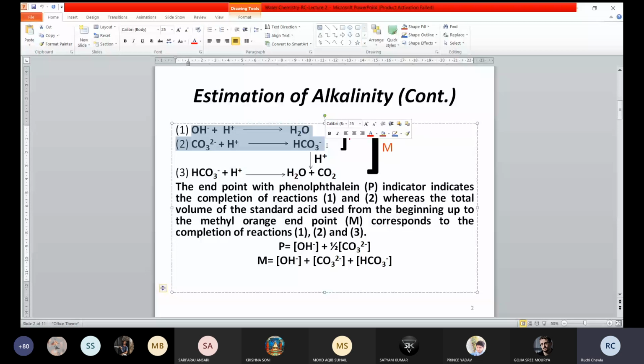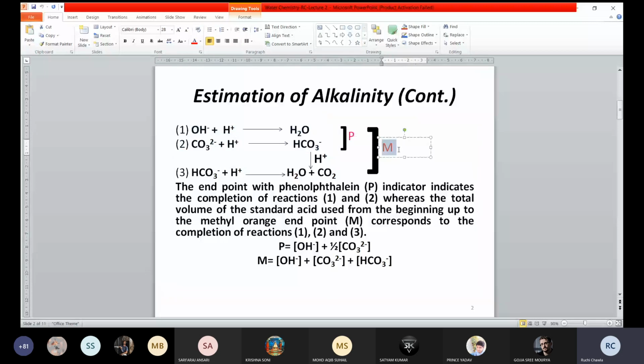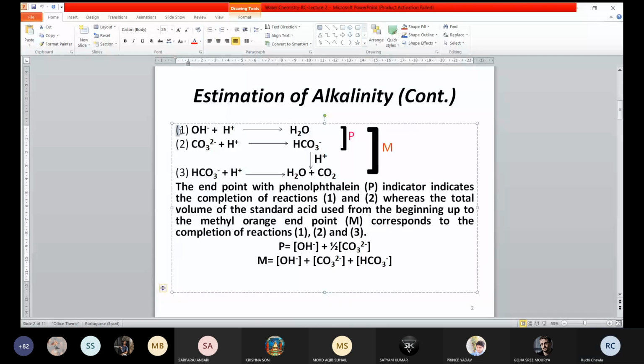Whereas the methyl orange endpoint can indicate the completion of all the three reactions together. The first, second, and third reaction taking place together, all the three. When they are complete, the methyl orange endpoint will be observed.